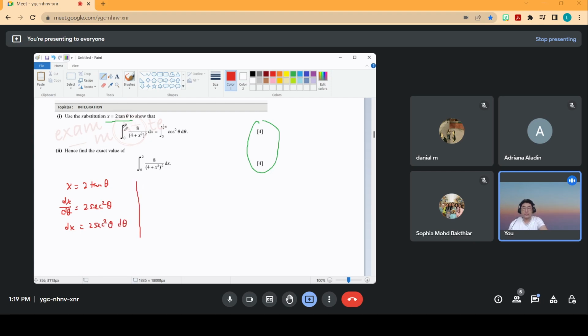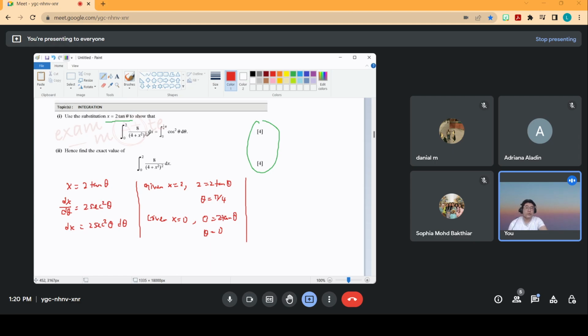Over here I have x equals 2, so we can get 2 equals 2 tangent theta, theta equals pi over 4. Given x equals 0, 0 equals 2 tangent theta, so theta equals 0.